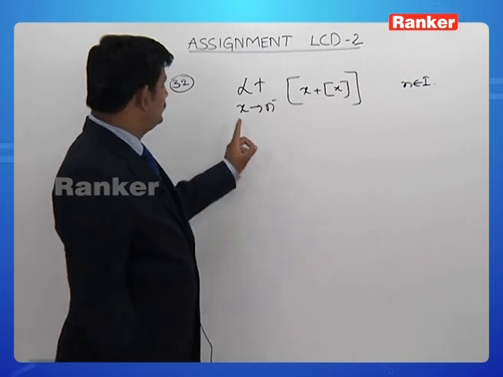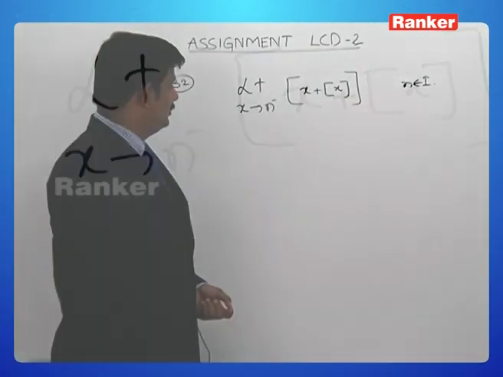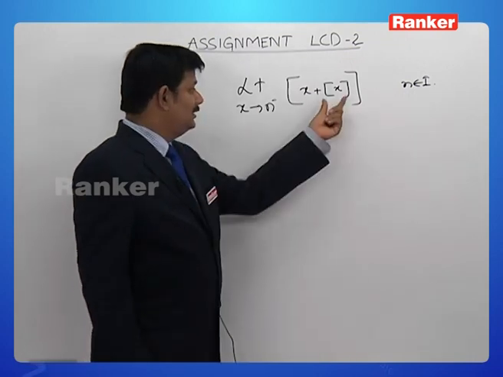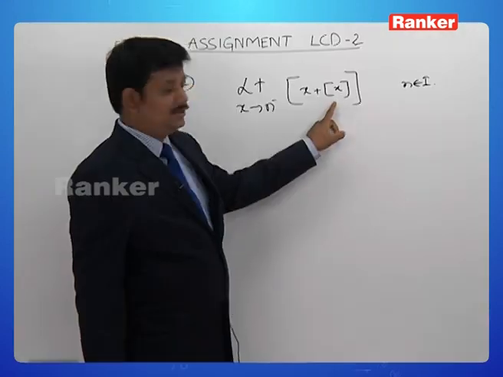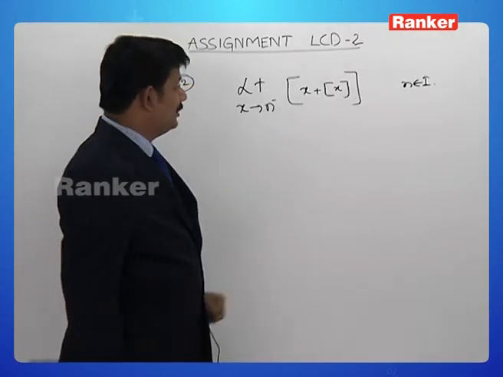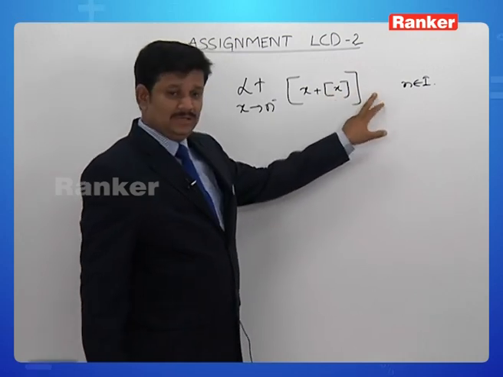For left hand limit, x is tending to n minus, that is x is slightly less than n, and when x is slightly less than n, integral part of x would be n minus 1. And because this is an integer, we can take it out of the integral part.